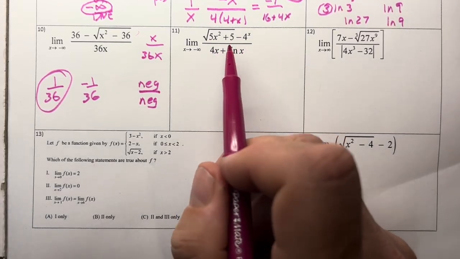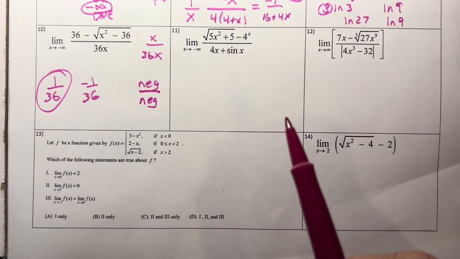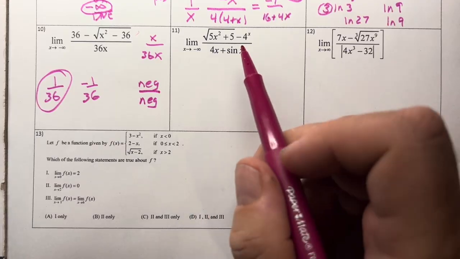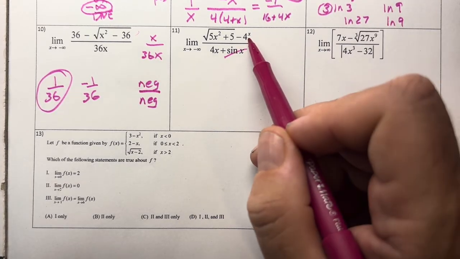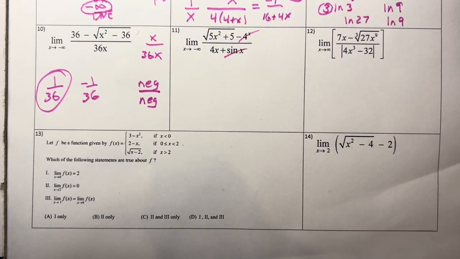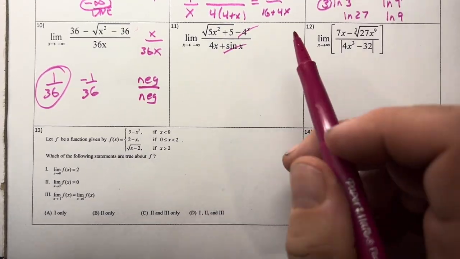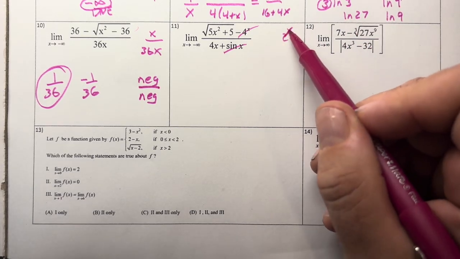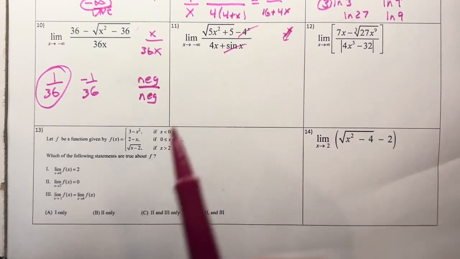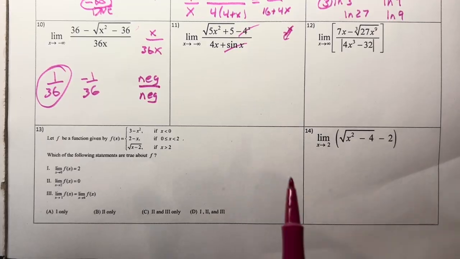Once again, it looks like conjugates, but make sure you know the process. When you're going to infinity, this is insignificant. Here's another one where it's insignificant. I guess I did too many here, because I should have a couple where 2 to the x dominates everything. But here's another case where 4 to the negative is insignificant.